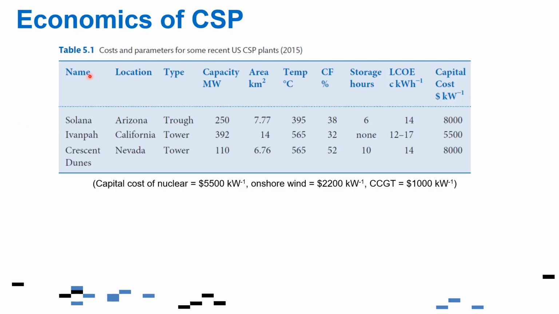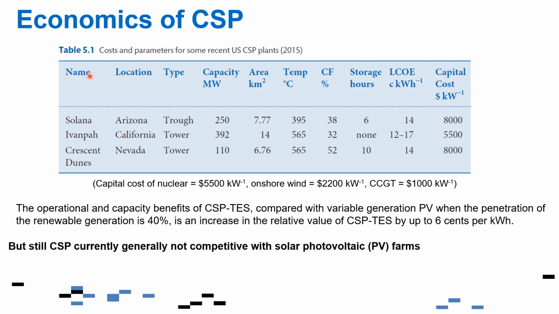So in terms of the economics of concentrated solar power, if you look at the previous slide, you need a very large area, a lot of heliostats, and a lot of systems in terms of building the tower, as well as storage systems, as well as connection with a power plant.